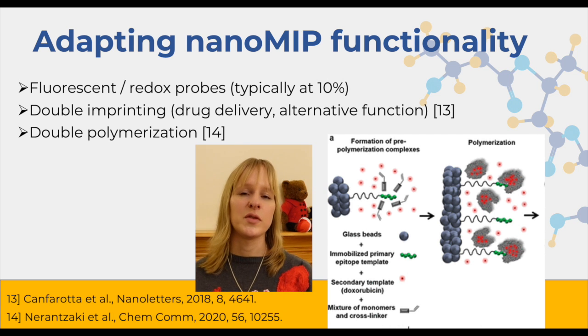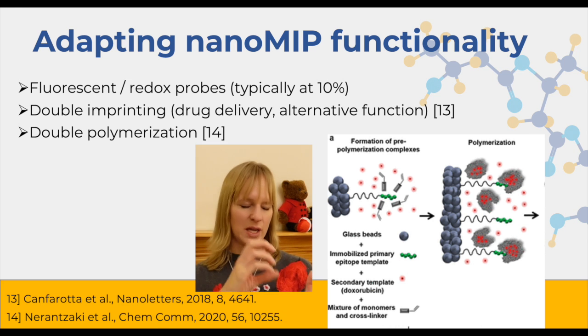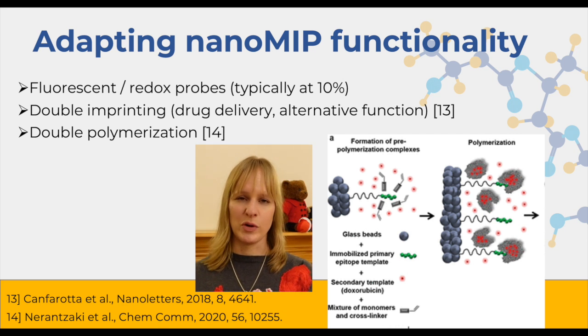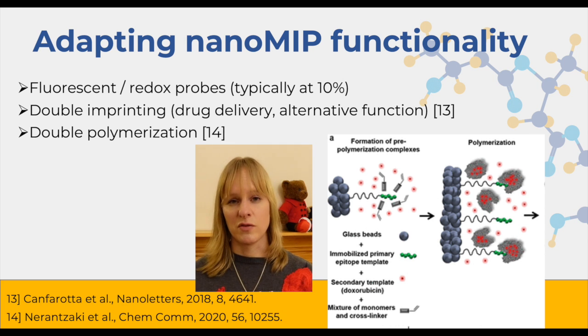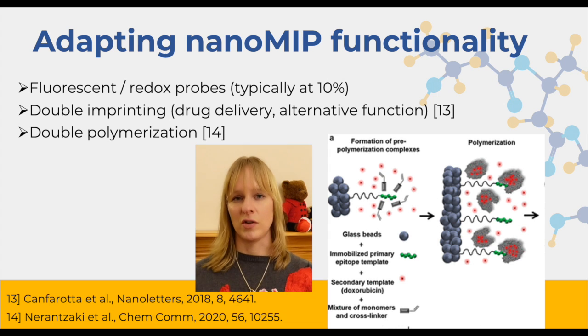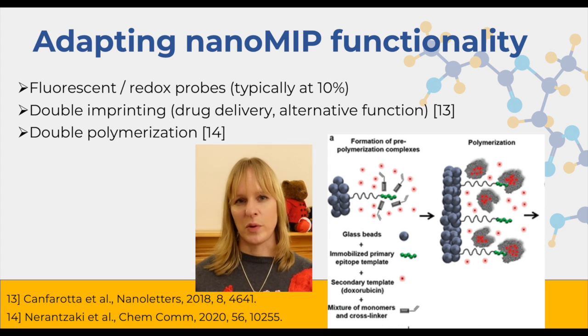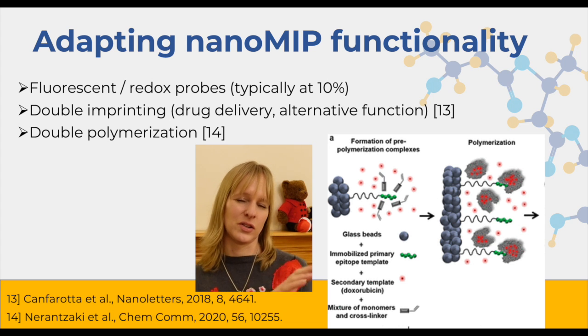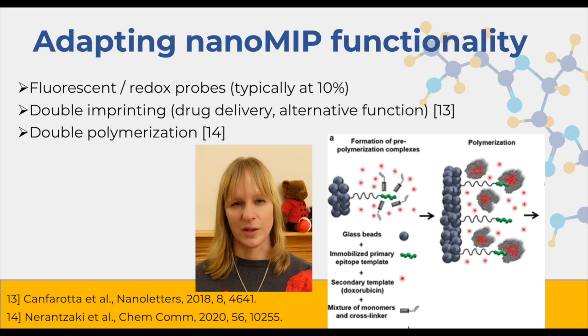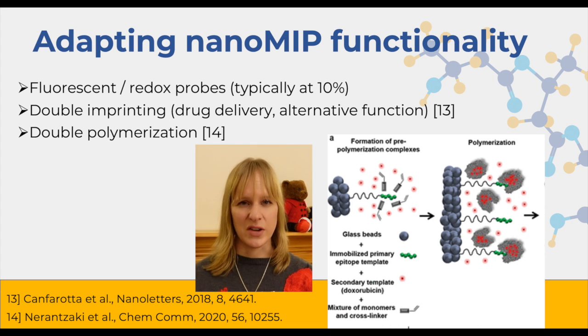You can find very interesting papers where they look at imprinting, for instance, with an epitope of a protein, like a cell receptor, but then also imprinting with a drug molecule, where you can start to look at drug delivery. But the drug delivery is then more of a passive process, and you don't have both of the targets actually in the solid phase. You only have your protein on the solid phase. So that does give some limitations.